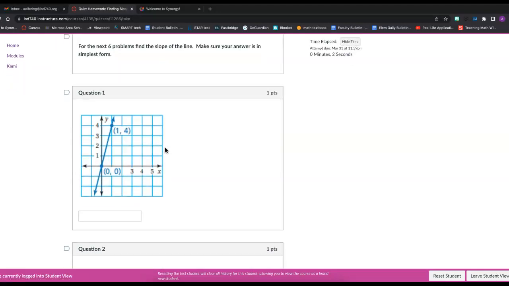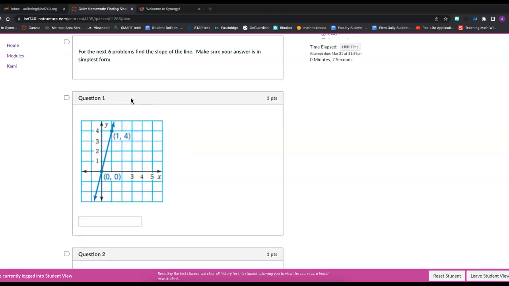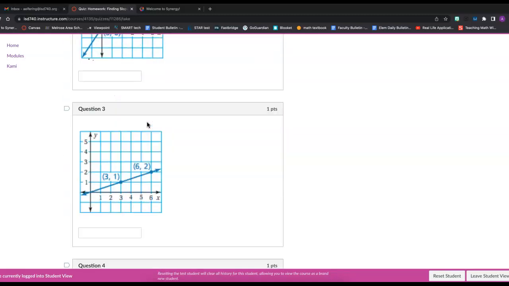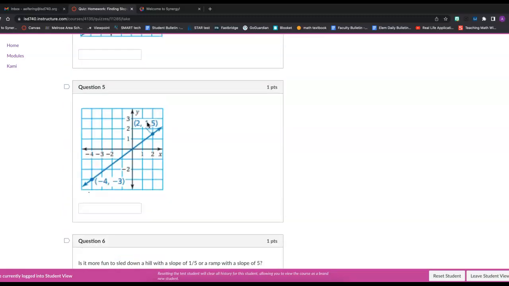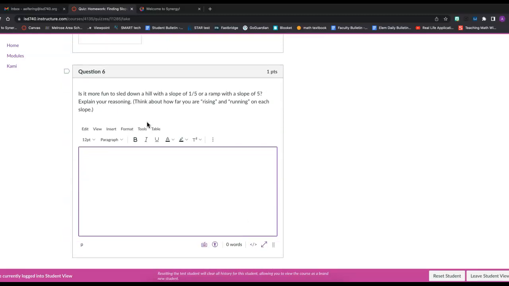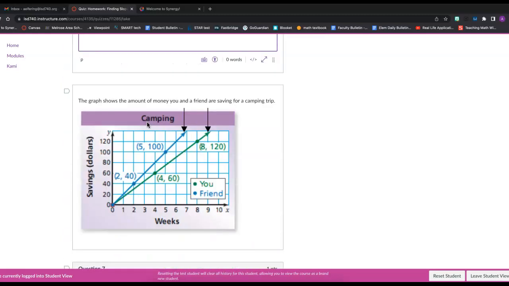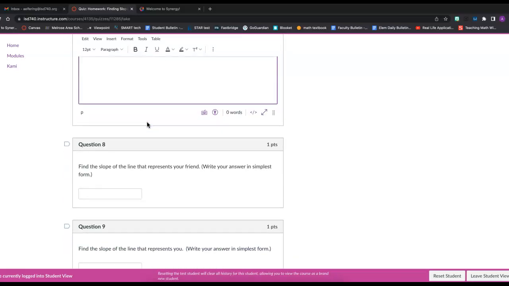You're going to see some of them are like this where it gives you a graph and tells you find the slope of the line. You are finding the step up and over. Pay attention to the numbering. Pick points on the corners if you can. And then there's some other questions, some essay type questions that you'll have to answer. It should be pretty straightforward. Okay, you have lots and lots of time today. You should be able to finish this in class.